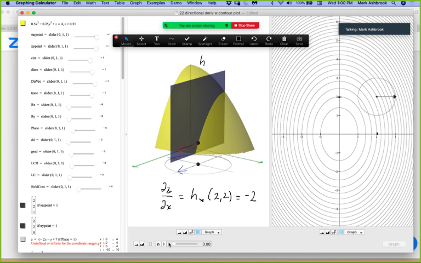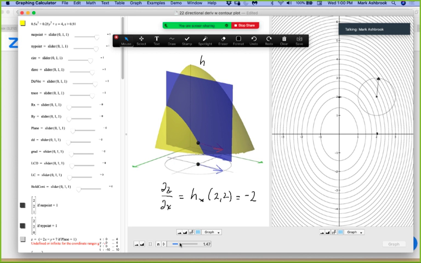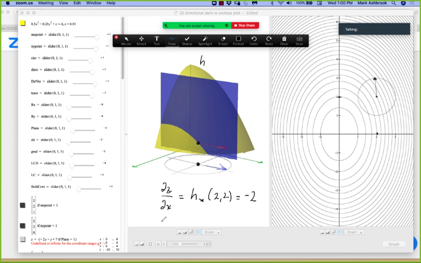And then there was the other one, when we first started talking about partial derivatives. What derivative are we talking about here? h sub y, right? This is in the y direction.